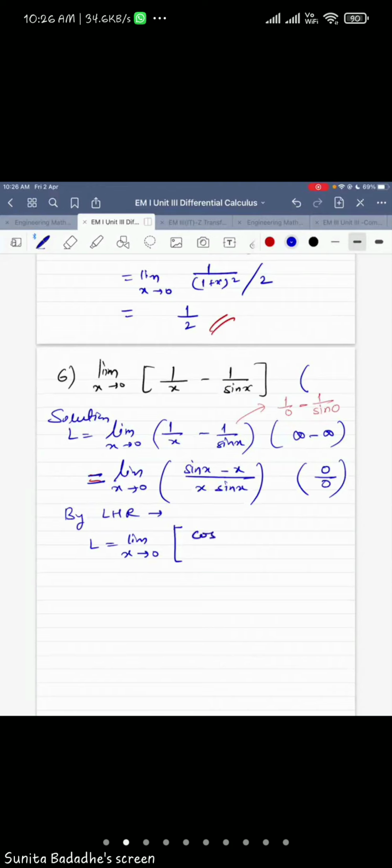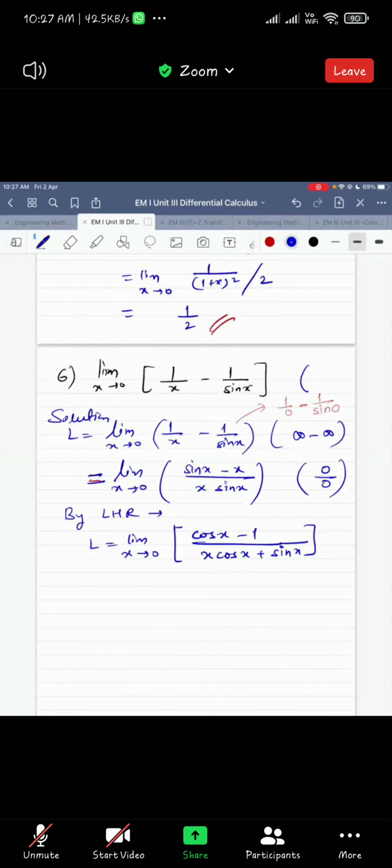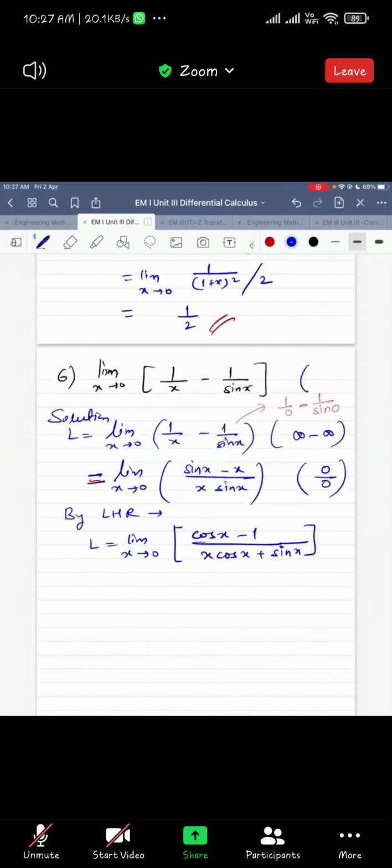So this will give you cos x minus 1 upon x into cos x plus sin x. I have to apply the product rule of derivative here. Is this step clear to all? Please say Y in the chat box. All students are not responding.